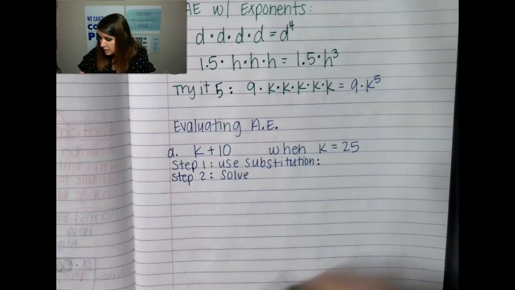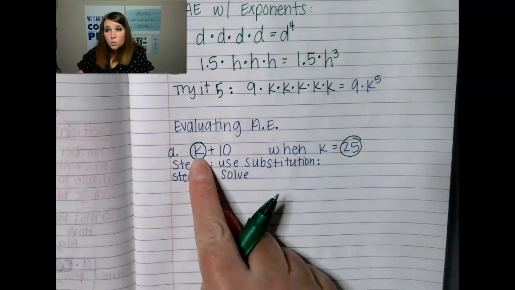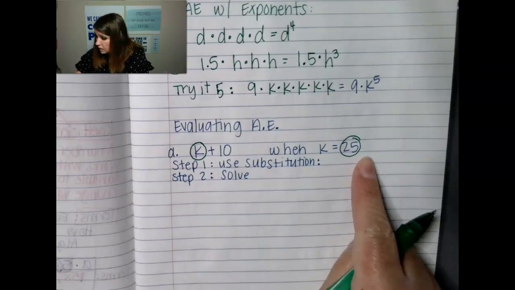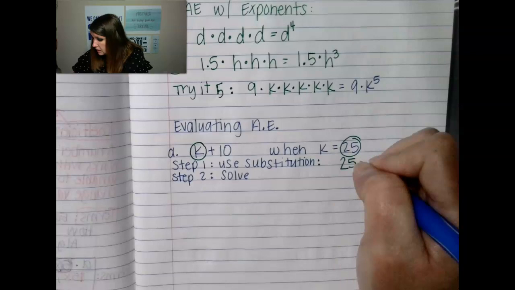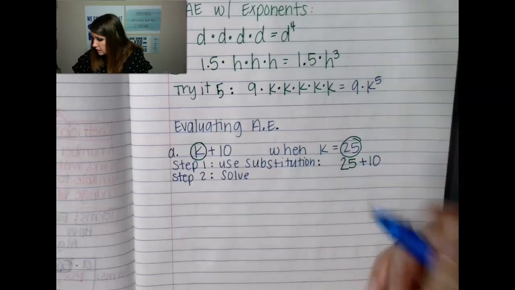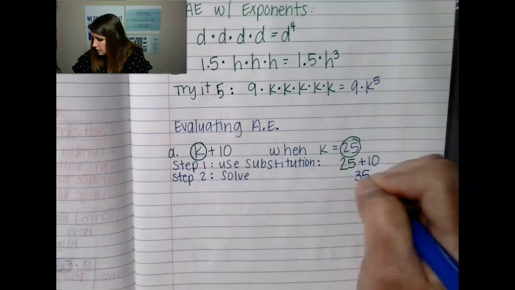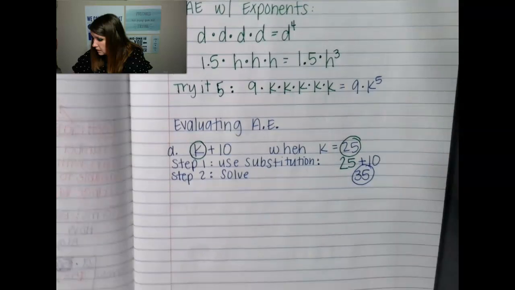So find k. They say k is 25, so where we see k, we're just going to plug in a 25. So step 1, substitution. So this 25 is going to go here. And the rest of it, I'm just going to rewrite. Plus 10. Now I'm going to solve. 25 plus 10 is 35. Boom. I am done. So A is 35. That's it. That's all you have to do.